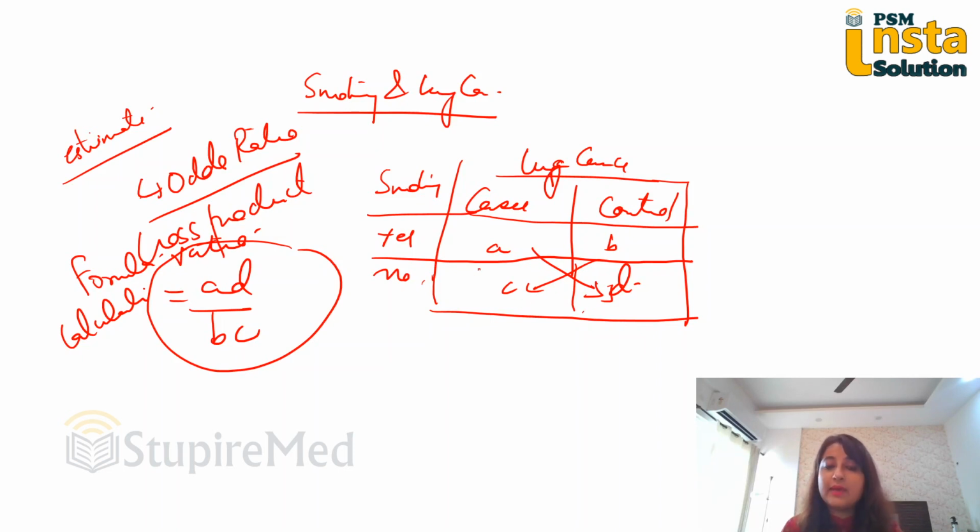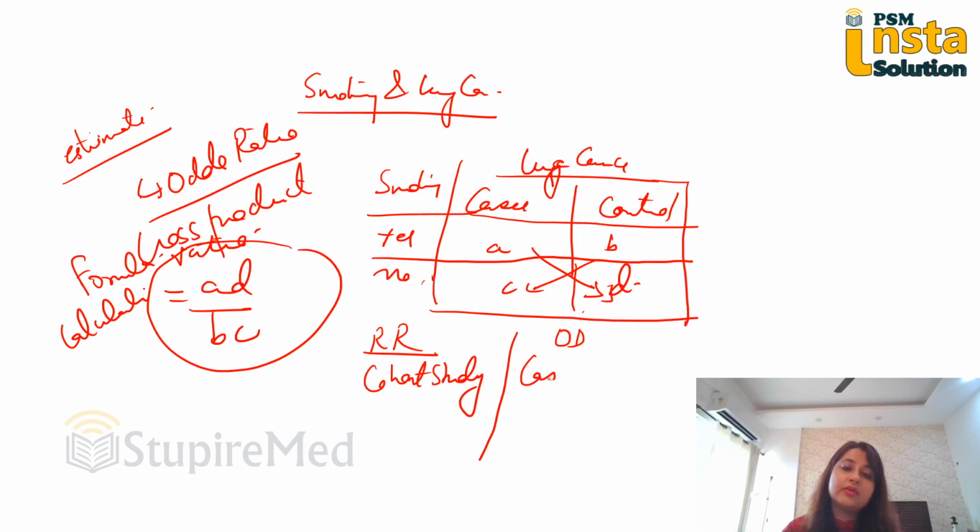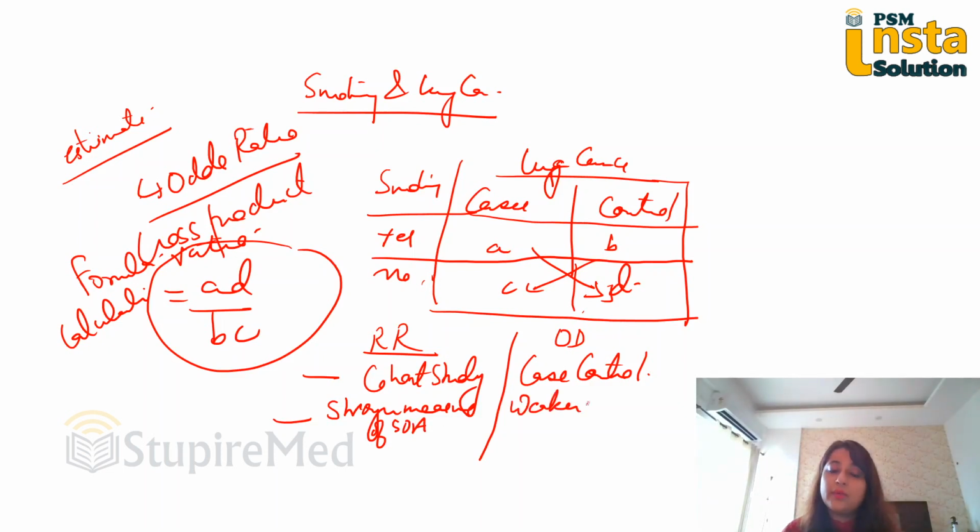Okay, so since now we have done both relative risk and odds ratio, we can make a comparison. Relative risk is a measure of strength of association in a cohort study. Odds ratio is a measure of strength of association in a case control study. Relative risk is a stronger measure of strength of association. Odds ratio is a weaker measure of strength of association.